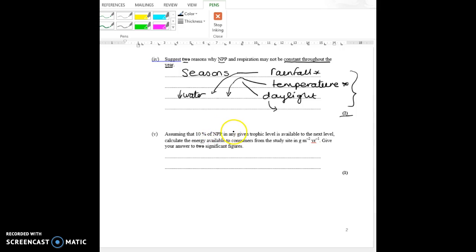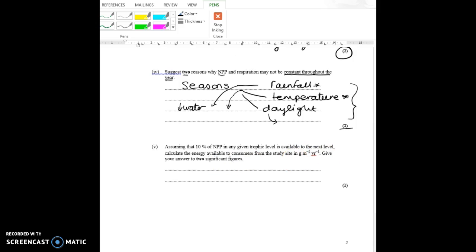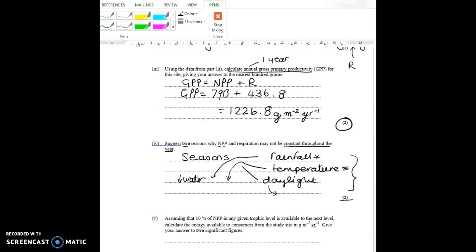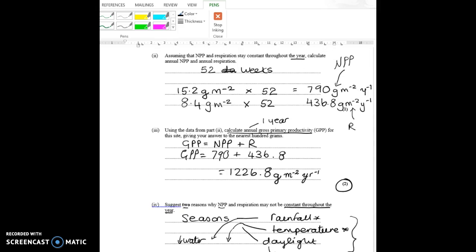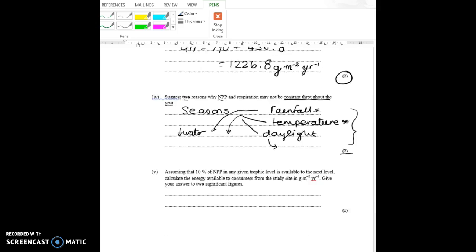10% of net primary productivity is available to the next level. Calculate the energy available to consumers from the study site in grams per meter squared per year. Give your answer to 2 significant figures. So if we look at our net primary productivity, we've got to go back up here. It was 790 grams per meter squared per year.